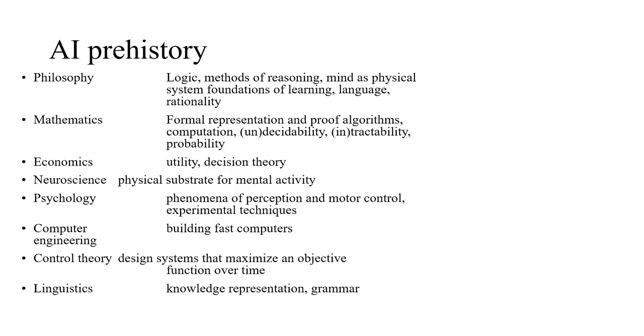Then afterward, these philosophies were proved based on mathematics by using formal representation and proofs of algorithm, computation, decidability and undecidability, intractability, probability. It also involves economics regarding utility and decision theories, and nearly all other areas of knowledge such as psychology, computer engineering, linguistics, control theory have contributed to AI development.